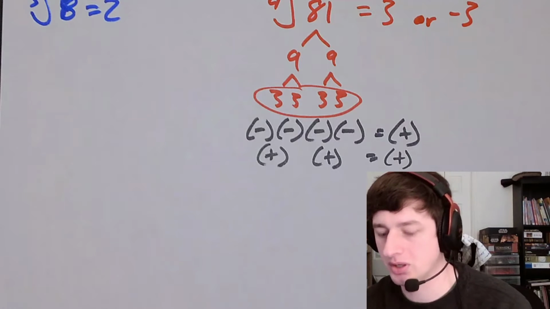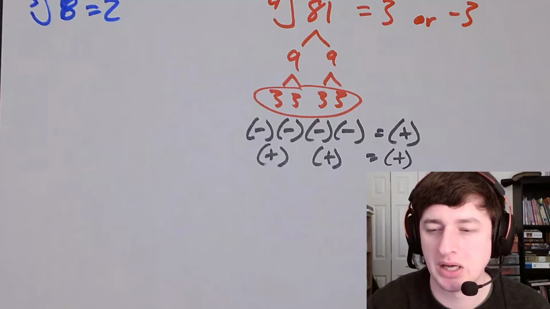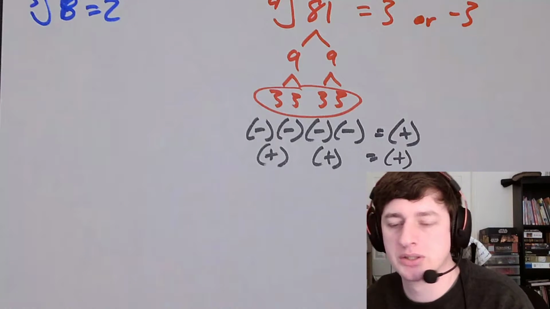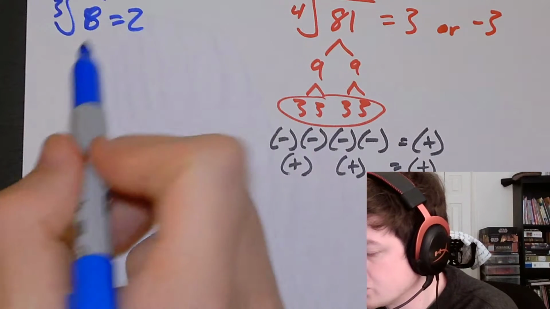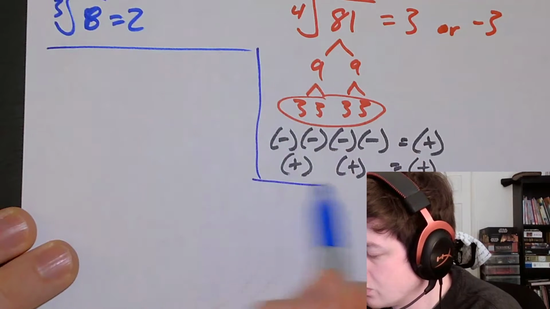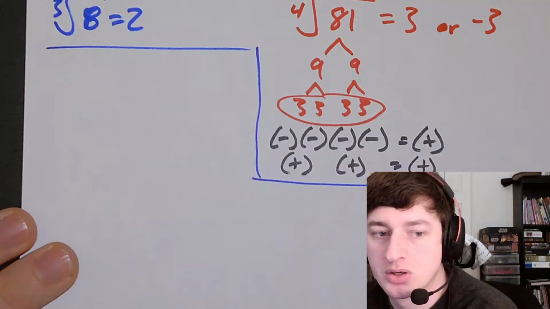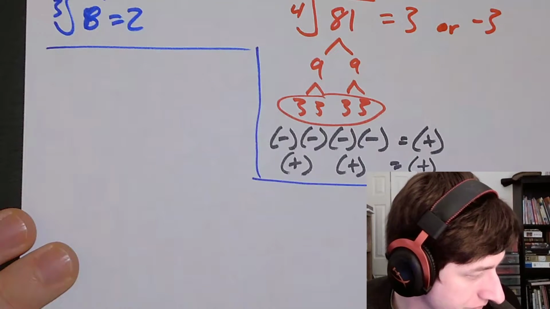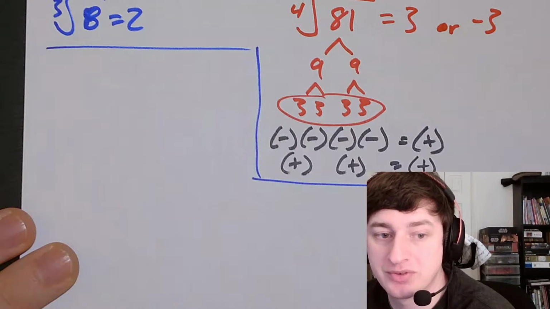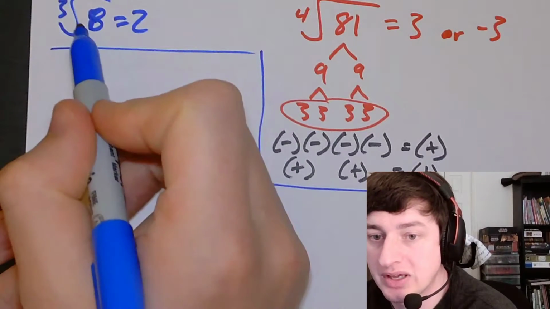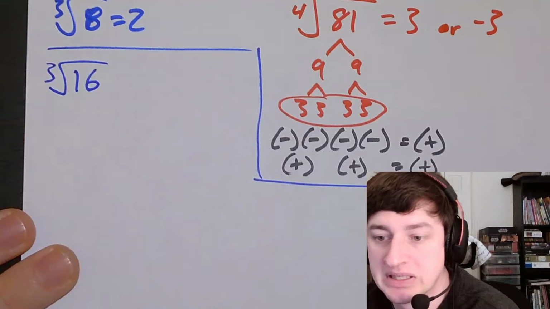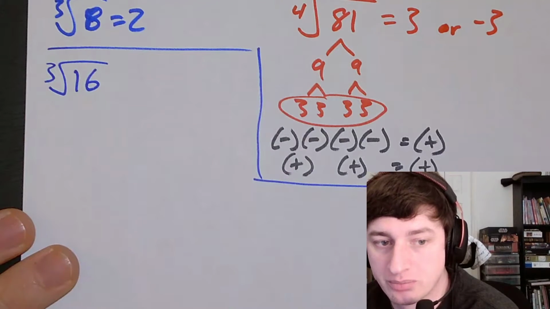Okay, the other thing that's going to come up, I'm not sure about right away. I don't remember if this sort of thing is in the homework, but I just want to show it to you, is that we're going to have complex radicals. Or in other words, it's not going to simplify perfectly. So the cube root of 8 was 2. The cube root of 16 is not going to just be an integer number, right?